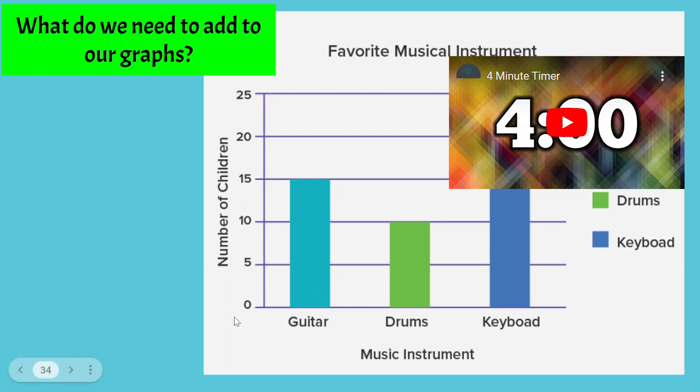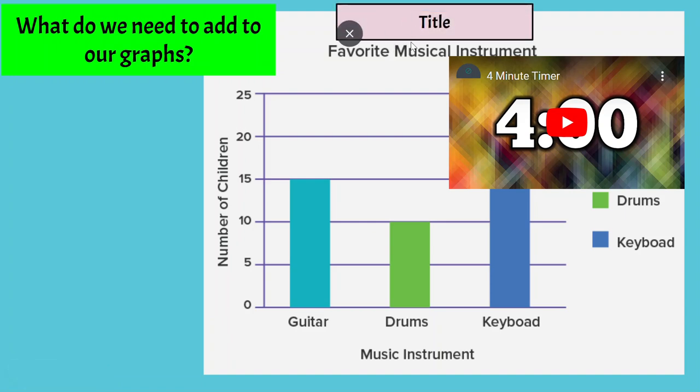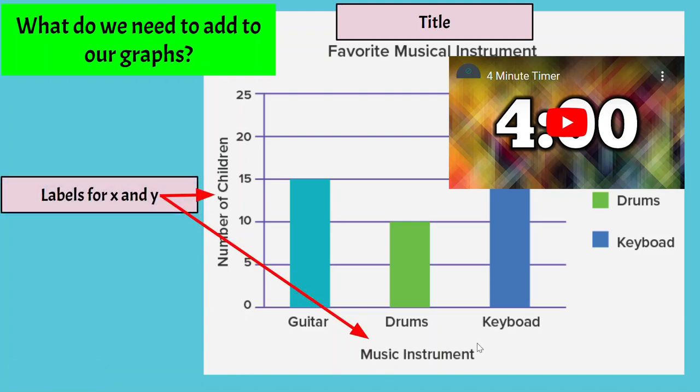So what we need to put on our graph to make sure that other people understand it, we need a title. So you'll need a title on your graph. We need to have our x-axis, the thing we changed. This is the independent variable. And our y-axis, and this one is the number of children. Those have to be labeled so that people know what they're looking at.